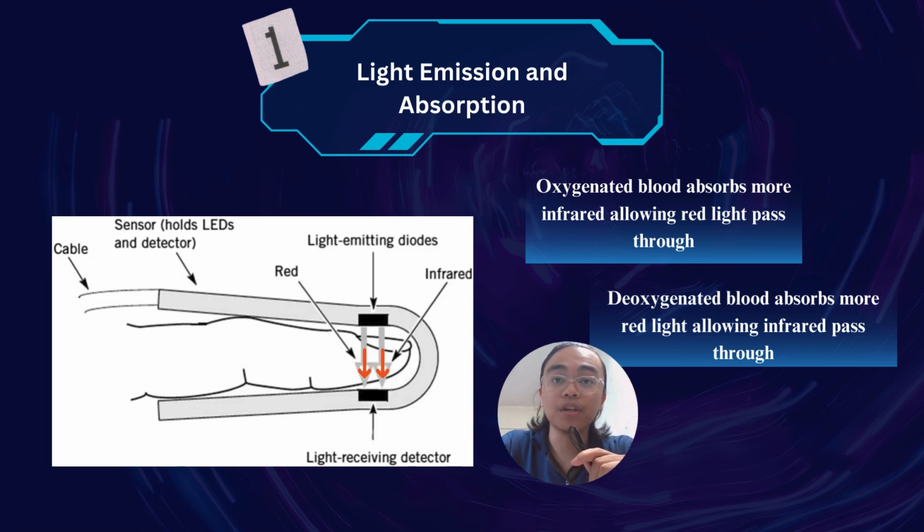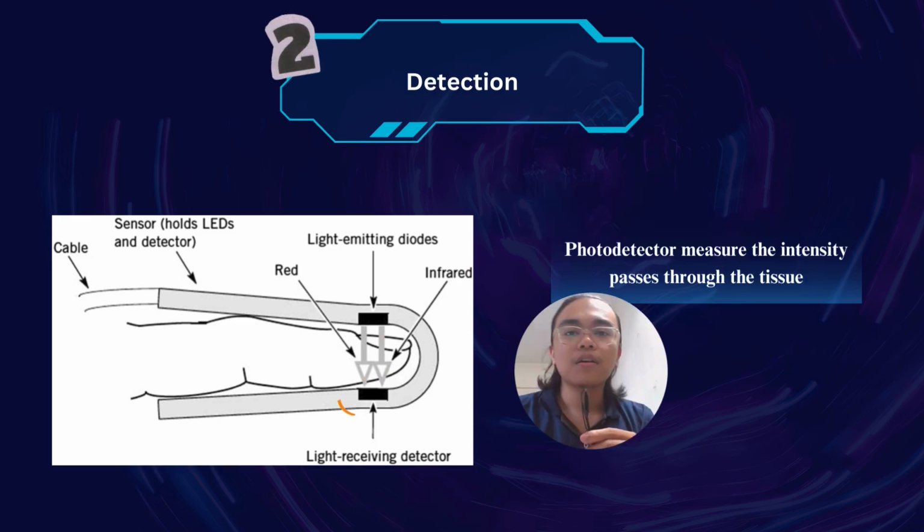The LED will emit two different lights, which are the red light and the infrared light. Depending on the kind of blood, if it's oxygenated blood, it will absorb more infrared light, allowing red light to pass through more. And vice versa for the deoxygenated blood, it will absorb more red light and allow more infrared to pass through.